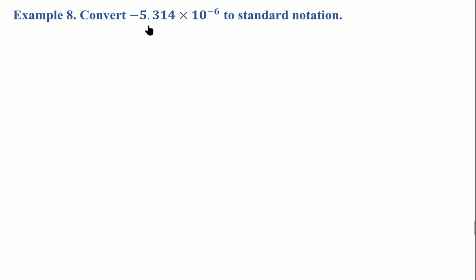All right, so we're going to write this number in standard notation. Remember, the sign isn't going to change. So we're going to start with negative 5.314, and we're going to move the decimal 6 places to the left. We ran out of digits as soon as we moved 1 place, right?